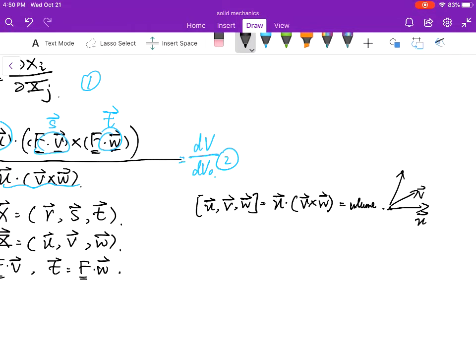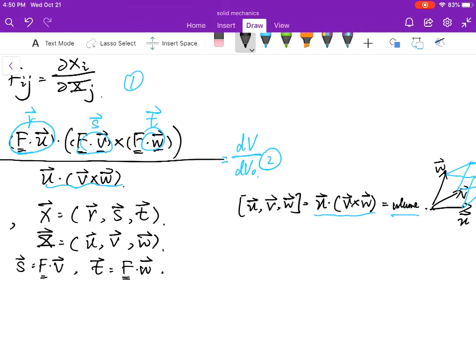These two span a space, and then this one spans this, and the physical meaning of this triple product is the volume spanned by these three vectors.